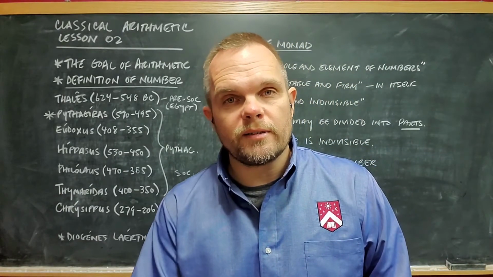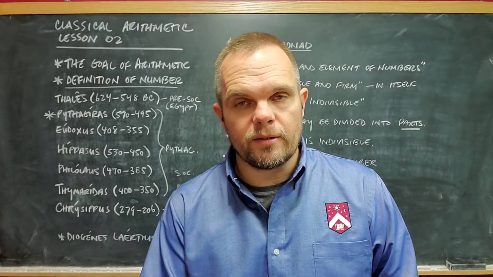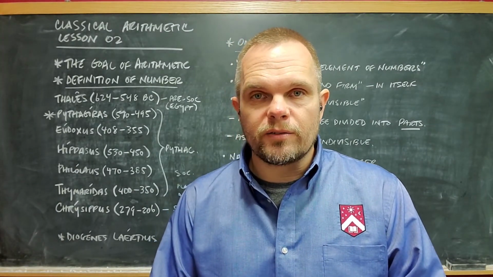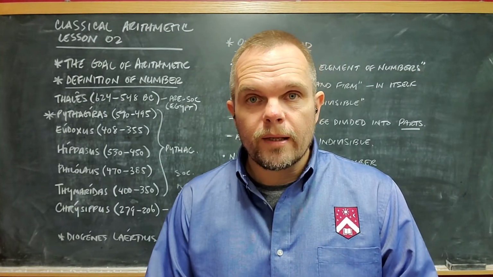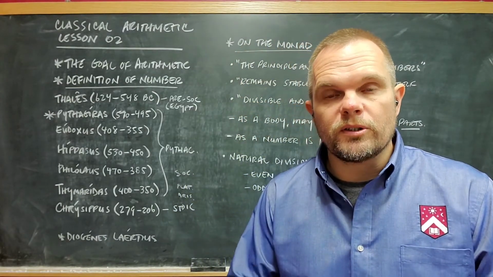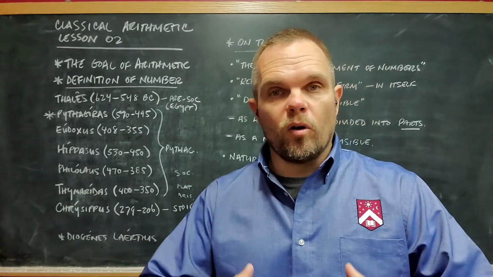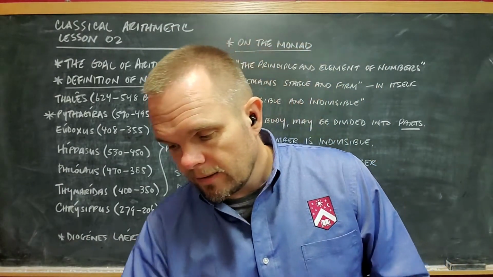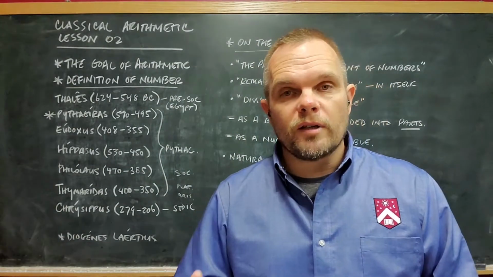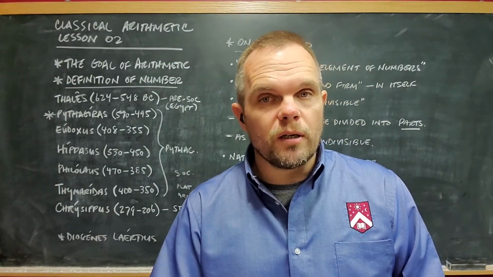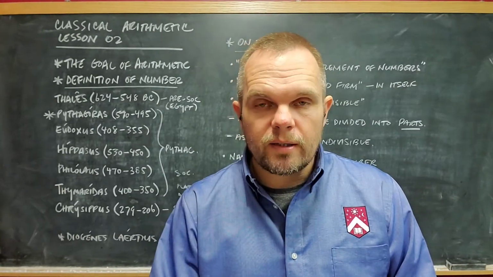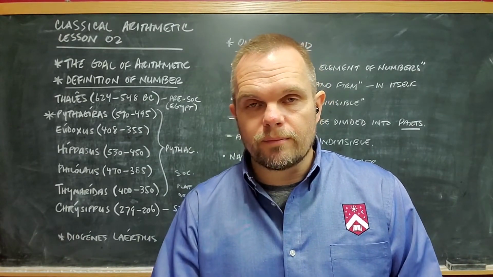The purpose of this lesson is to help us understand how the ancient philosophers defined number, how they defined the monad, or one, which is the principle and element of all numbers, and then to conclude with the true division of number into its two species, even and odd, or odd and even. All right?